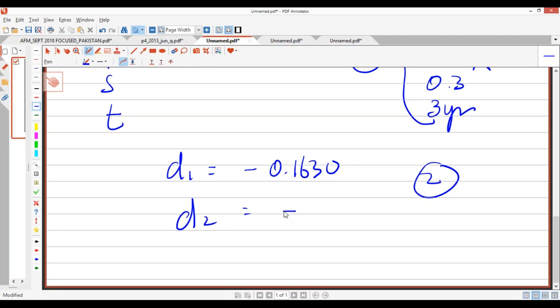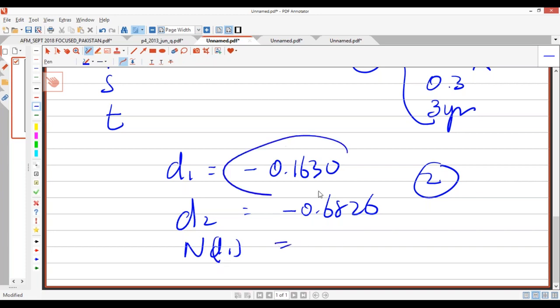D2 is going to be -0.6826. And for D1, be careful: if it's negative and you are referring to the table, then you have to take away whatever you got from the 0.5.